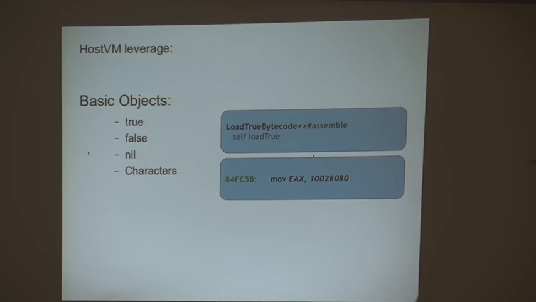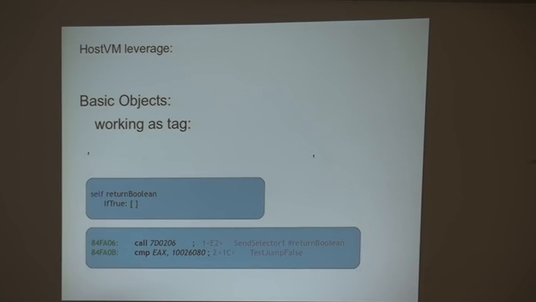So we say load true, and it actually moves some address to EAX, which is the receiver. So basic objects work more like tags. So we tag true as this address. We don't do actually anything with true. We just compare with this address.